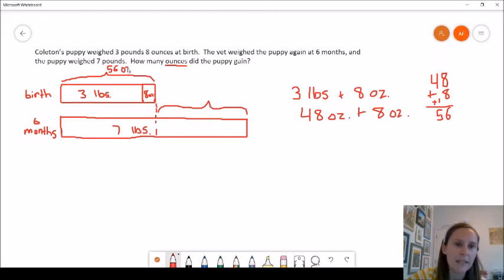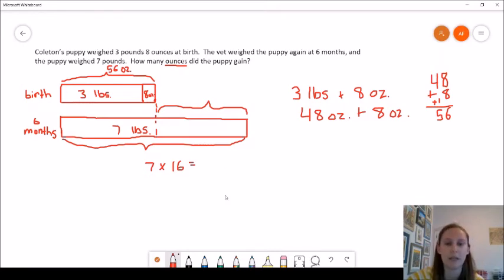Now, in order to find out how many ounces the puppy gained, we need to figure out how many ounces the puppy weighed at 6 months old. So how should we figure out how many ounces the puppy weighed at 6 months old? Well, I know that the puppy weighed 7 pounds, and I know that each pound is 16 ounces. So each pound is an equal group of 16 ounces. So we need to do 7 times 16 because that's our rule for converting from pounds to ounces from our conversion tables that we made.